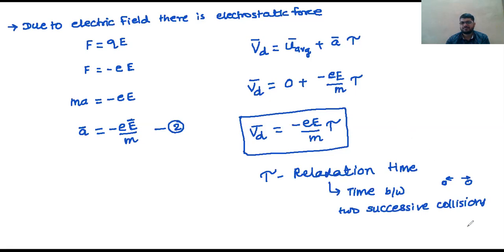Now next. If I want the formula in terms of current and area of cross section, then how will I get the formulas in terms of resistivity and all?